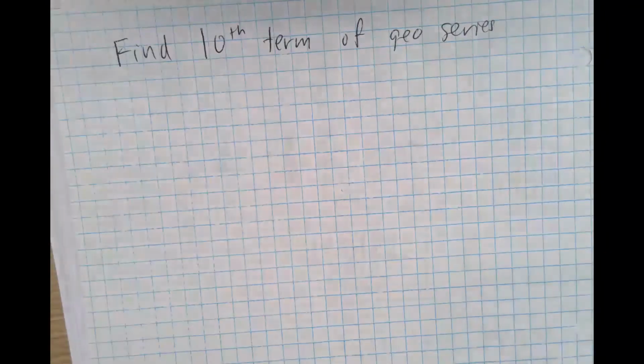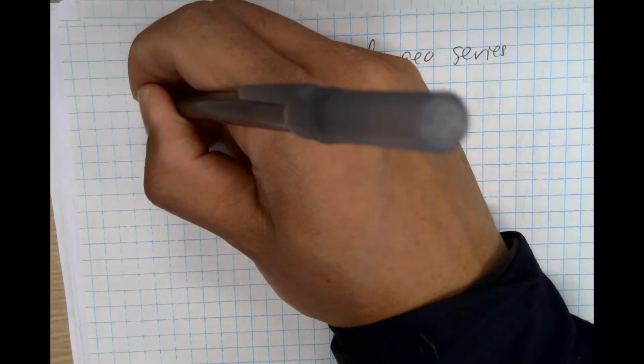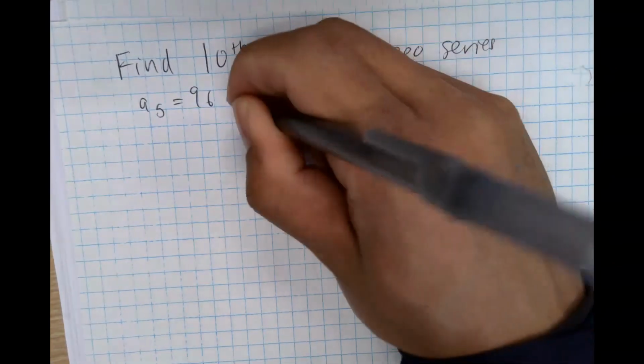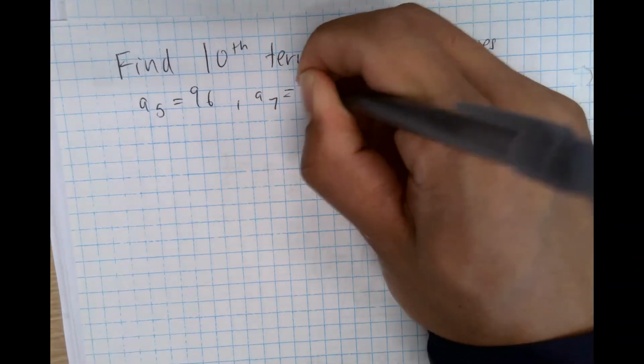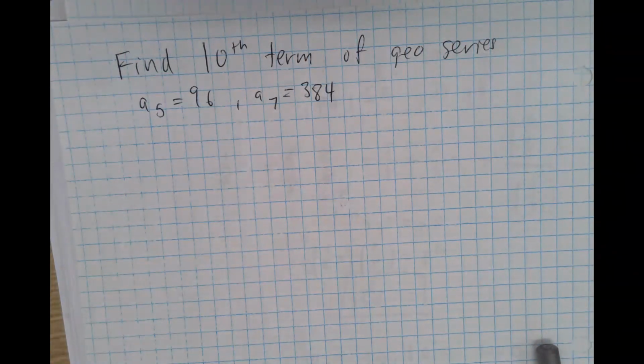It might say something like this: find the 10th term of the geometric series given a of 5 is equal to 96 and a of 7 is equal to 384. Solve for the 10th term.